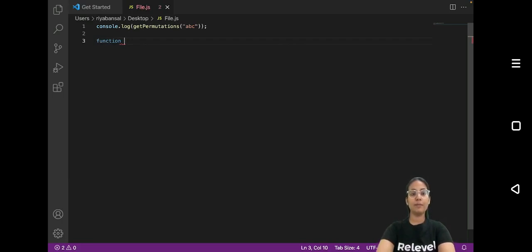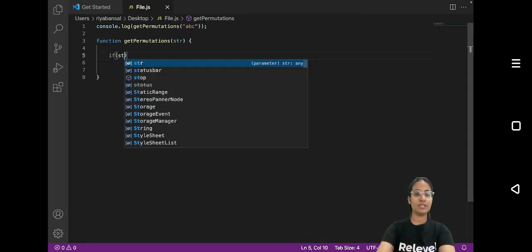Now I am implementing the second approach, which was the simplest approach, where we get the answer for the smaller case and then use that to build the answer for the bigger problem by adding the elements at all the positions. So it goes by the same name, and then we are passing the string to it.